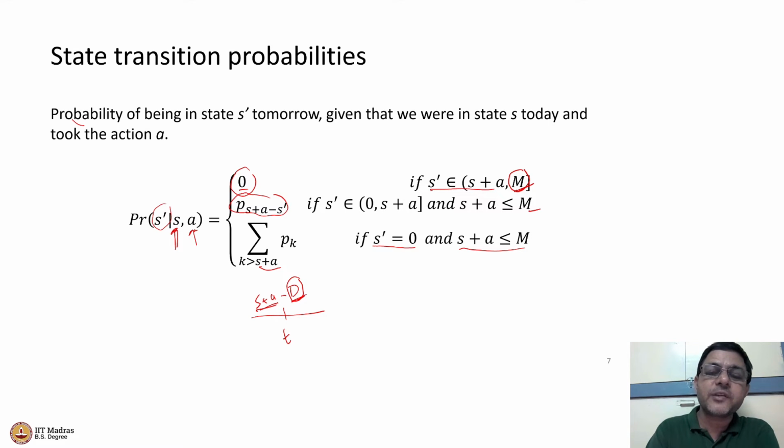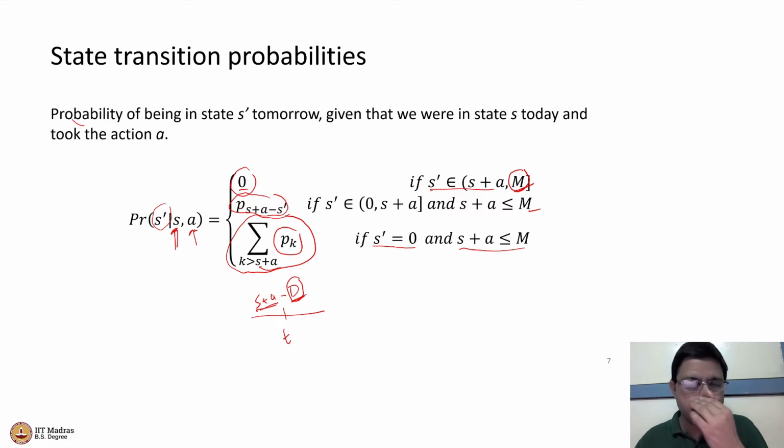What is the probability that demand was K, where K was bigger than S plus A? That is all Pk, because remember, demand had a stationary PMF, Pj was the probability that the demand will be equal to j. Here we are talking about K, where K is any value which is bigger than S plus A. Summation of all that is the total probability that the demand was more than S plus A.